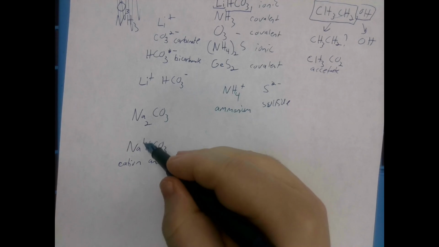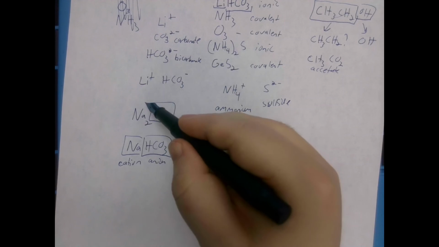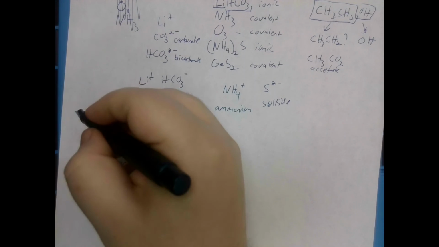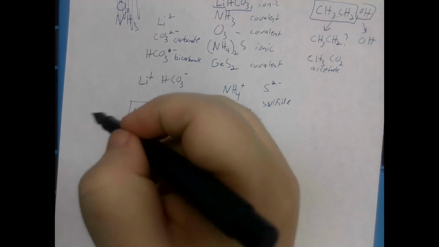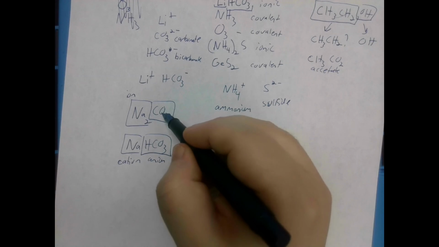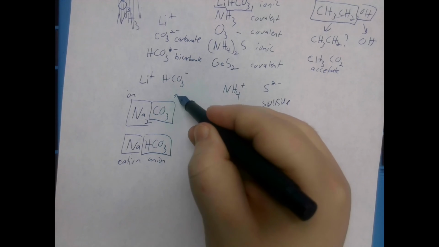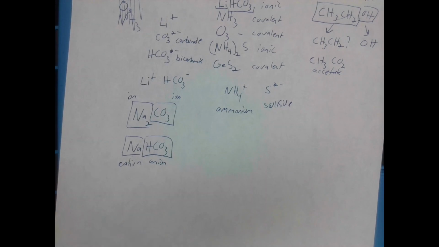You should be able to recognize common ions. Sodium, we have a very strong metal. The very strong metal should tell you that it's an ion. These things, CO3, HCO3, should tell you they're ions too. Two ions together tells you the whole thing is ionic.